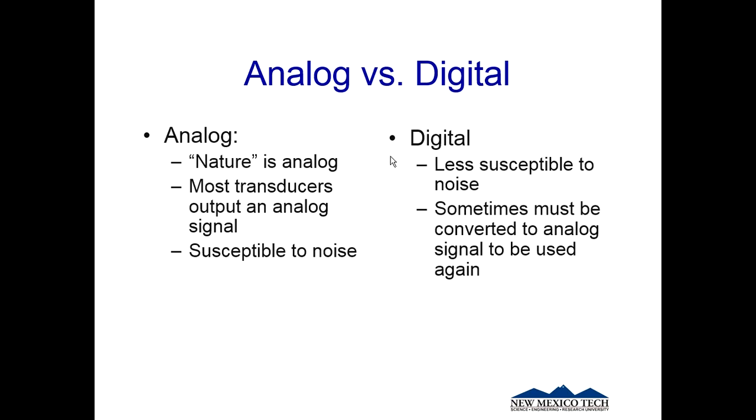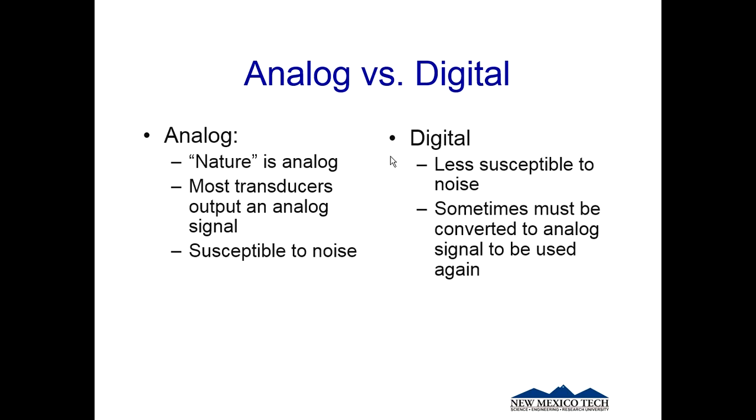But then there's also digital. In digital, there's only certain values that are allowed. Because if you remember, when we talked about binary and such, we're making all of our numbers out of ones and zeros. So there's a finite number of possible combinations.